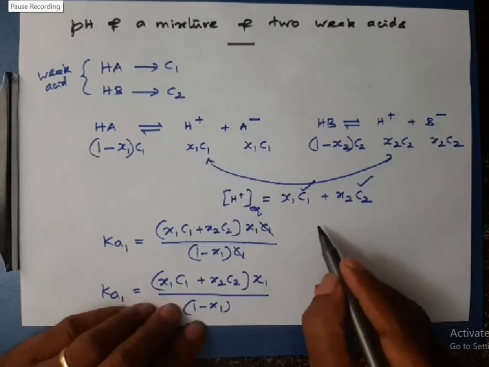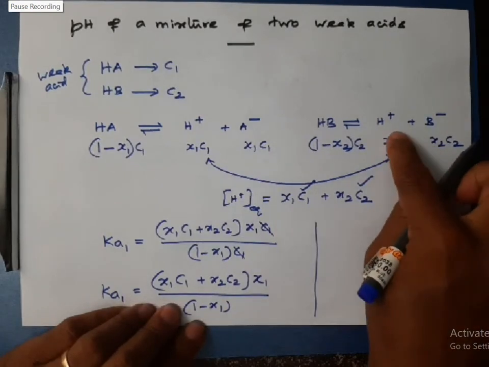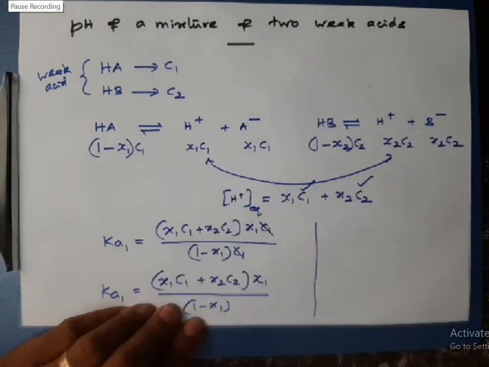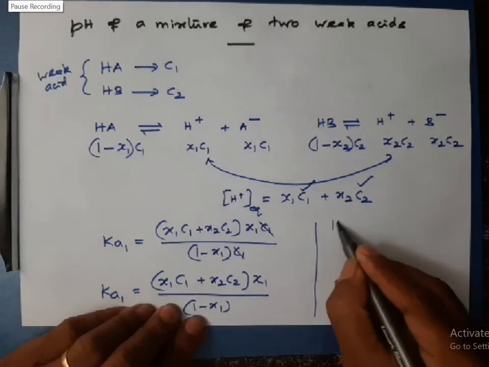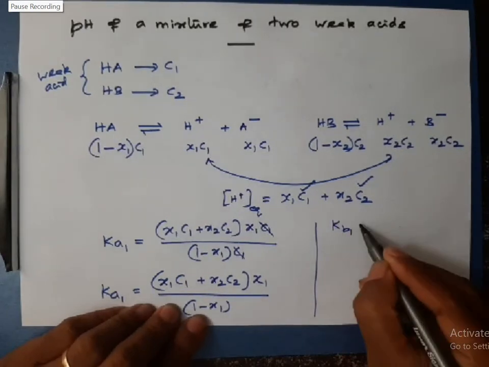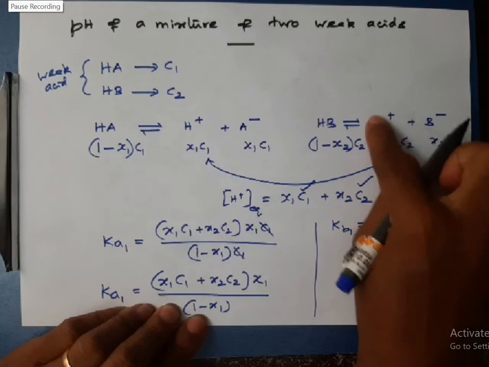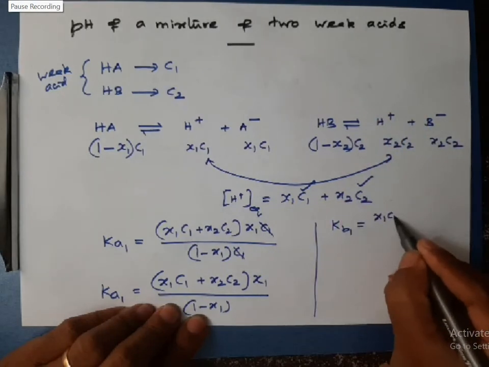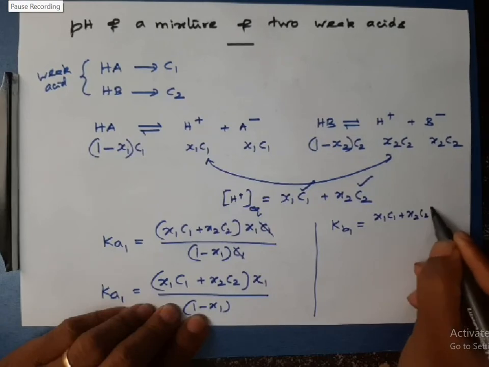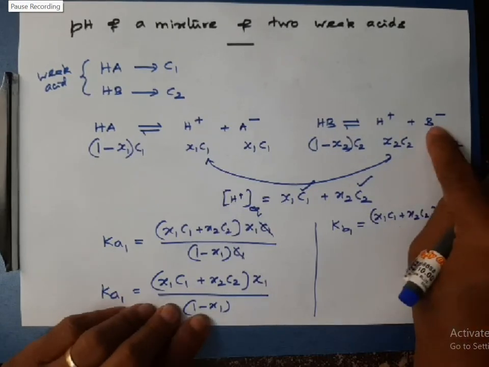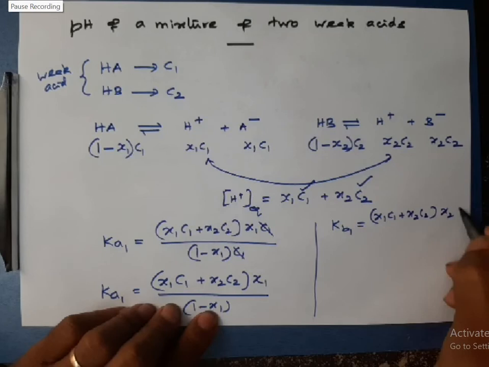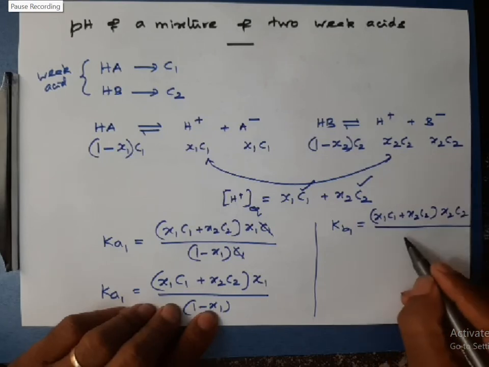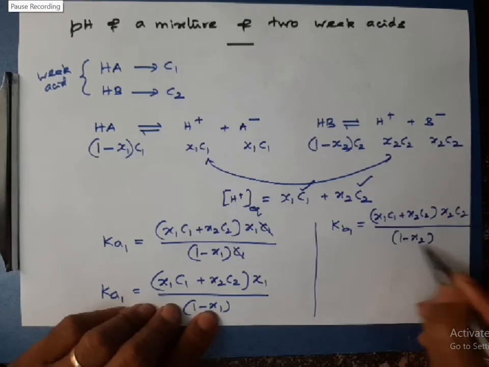Similarly, for the other weak acid HB, we can write the equilibrium constant as Kb1. Kb1 equals the equilibrium concentration of H plus, which is the total value x1 C1 plus x2 C2, into the equilibrium concentration of B minus, which is x2 into C2, whole divided by (1 minus x2) into C2.